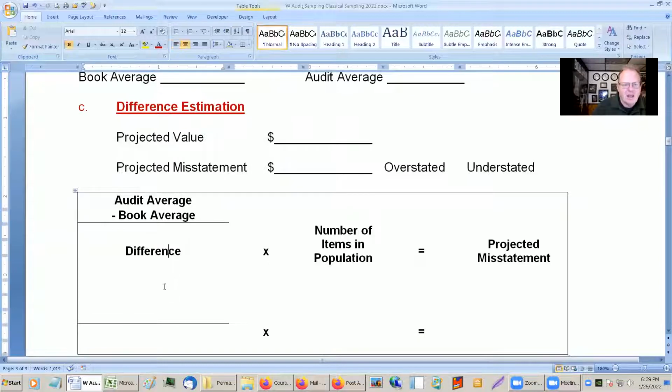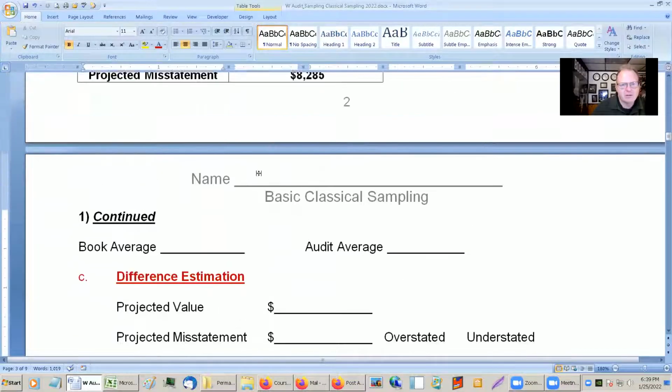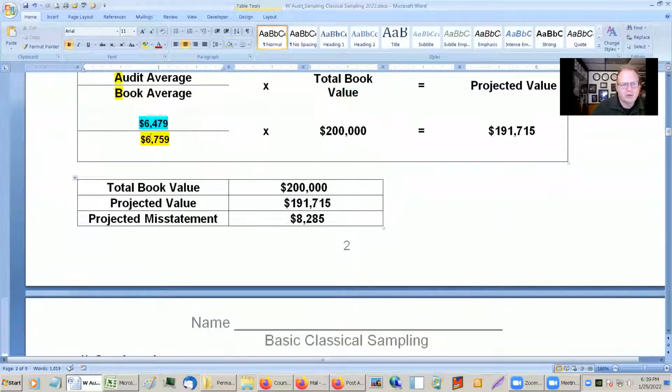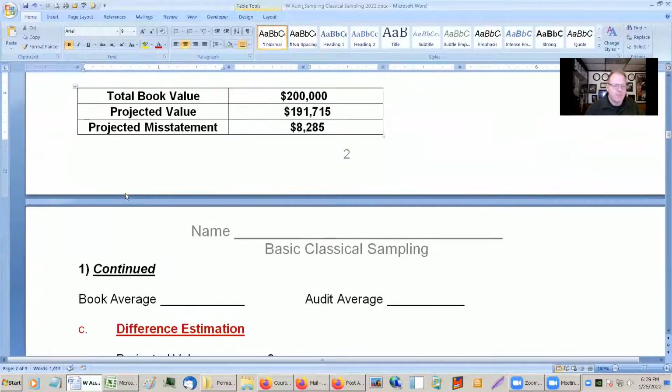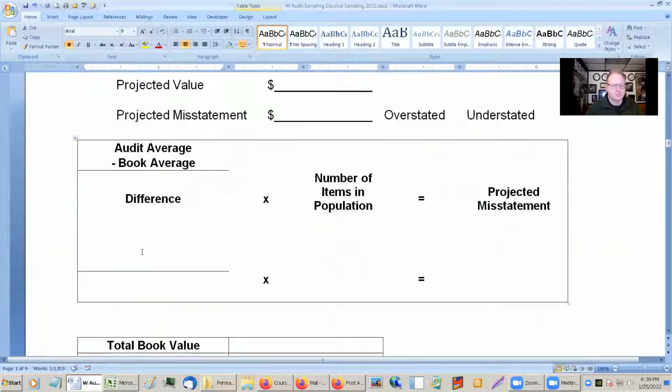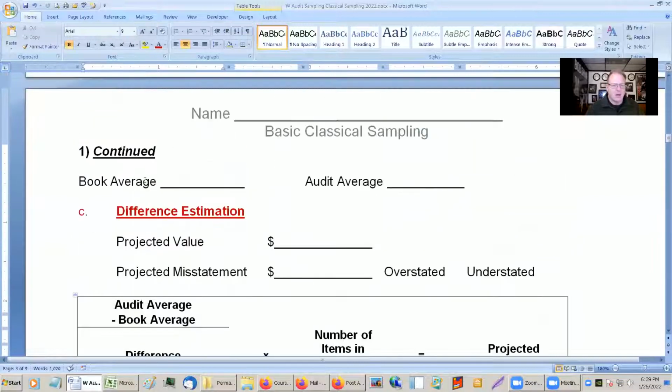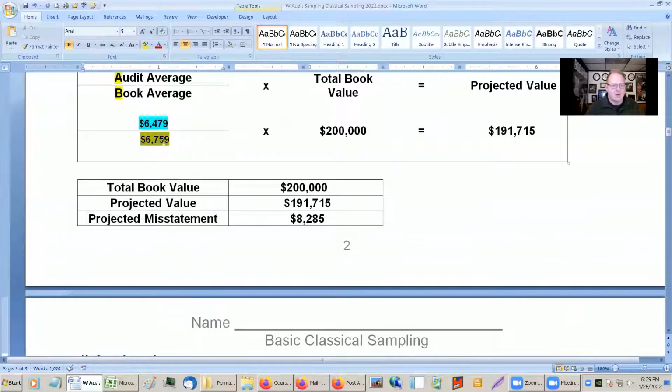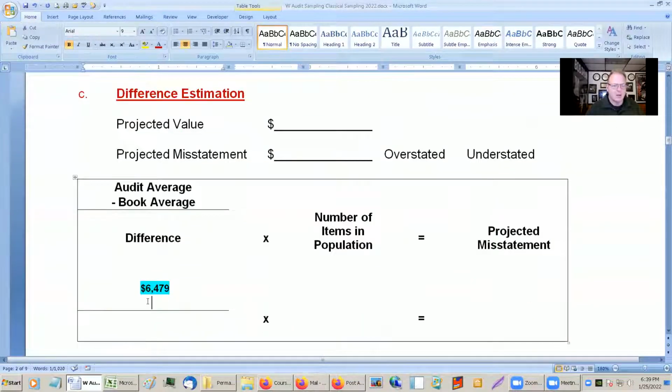And you take the audit average and you subtract the book.